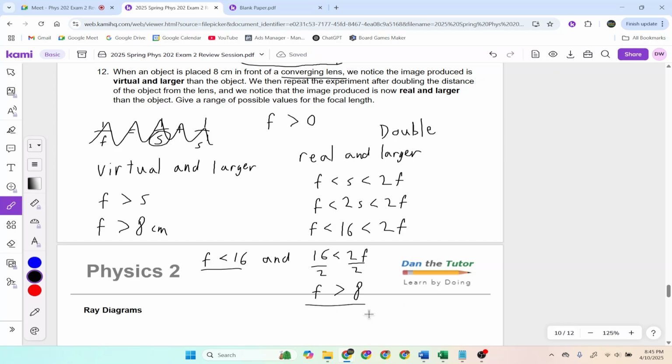So now I have 3 things to worry about: f greater than 8, f less than 16, and then f greater than 8 again. Okay, great. I have a repeat, so it doesn't matter. But basically what we know is that f has to be greater than 8 and less than 16. So if they want a range of values, fantastic. My range is 8 less than f less than 16 centimeters. And there's where my focal length can lie, between 8 and 16.